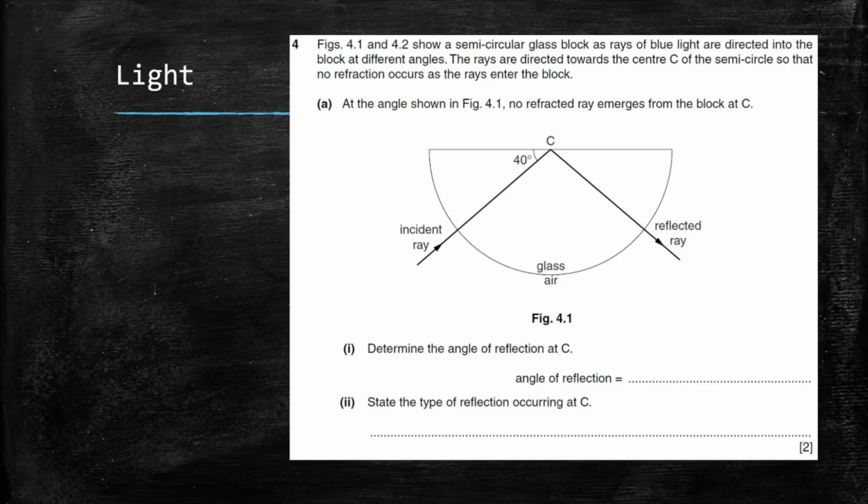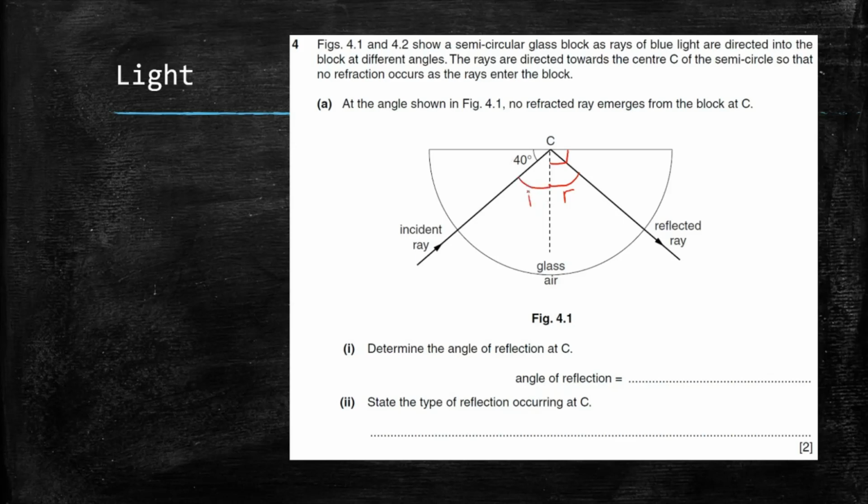To determine the angle of reflection, first we have to draw the normal at point C. This is the normal. The normal must form a 90 degrees angle to the surface of the glass block at point C. The angle of reflection is formed by the reflected ray and the normal, and it is represented by the letter R. To know the angle of reflection, we have to know the angle of incidence.